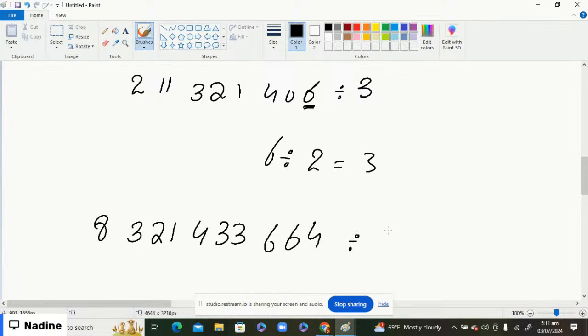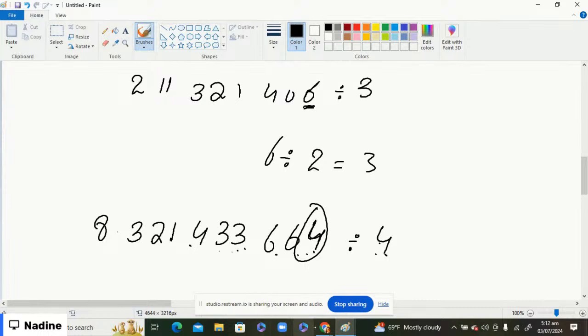Is it divided by 4? It's a large number we can get, okay. 8,321,433,664 is divided by 4. Yes, why? Because here it's 4. We can check only the last digits and then find out the results.